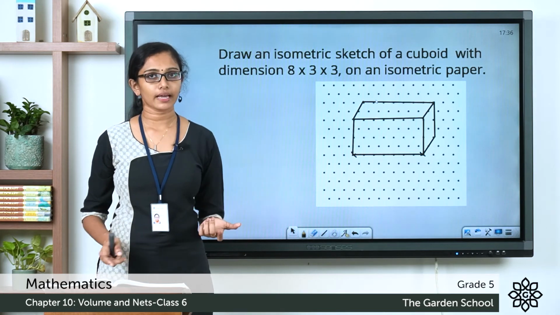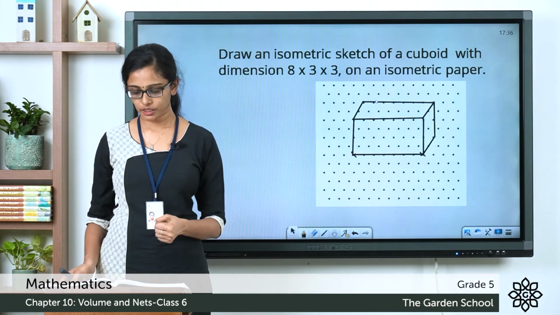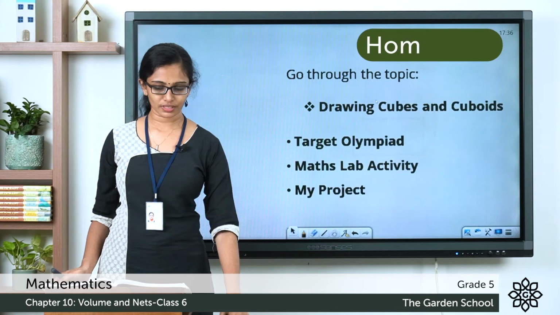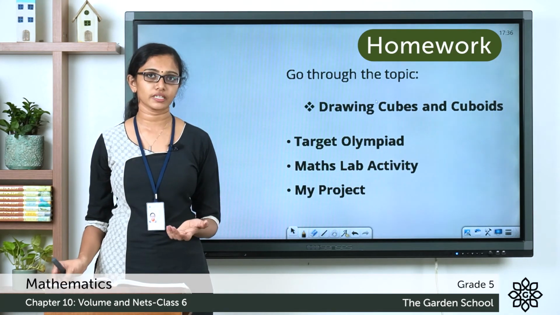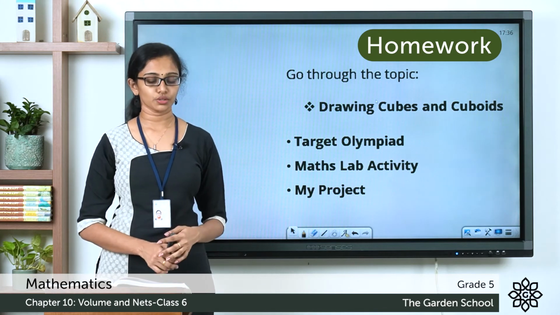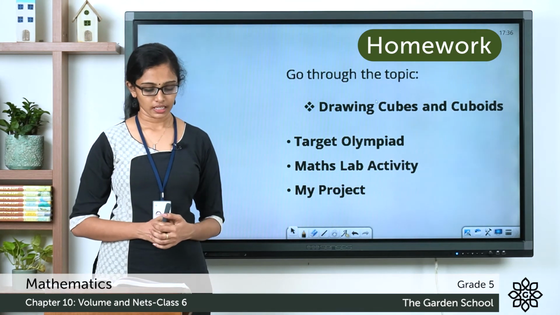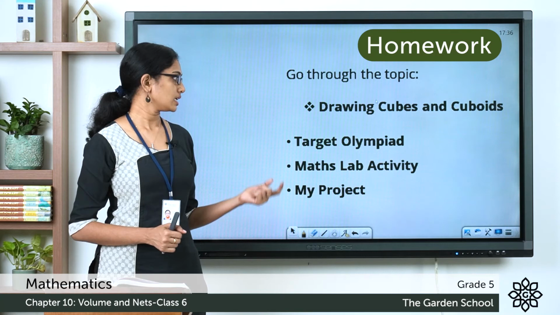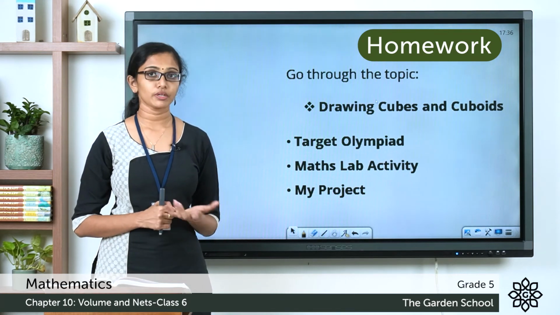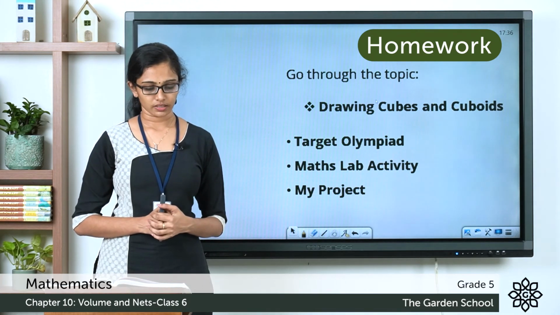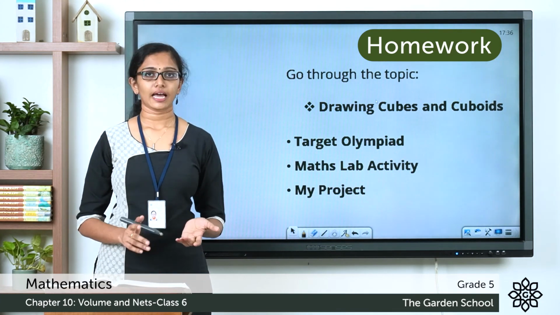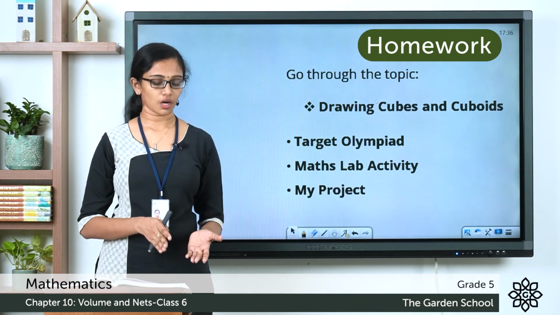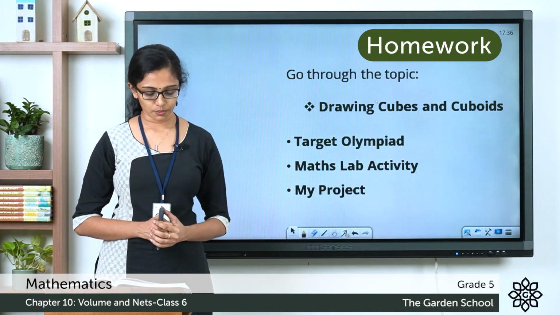You can work out more examples from questions in your textbook itself. First you have to go through this topic, drawing cubes and cuboids, on page number 159, and then move on to exercise 10.3 on page number 160. Do question number 2 of exercise 10.3, which is complete the following cubes or cuboids, and draw the isometric sketches in the textbook itself.